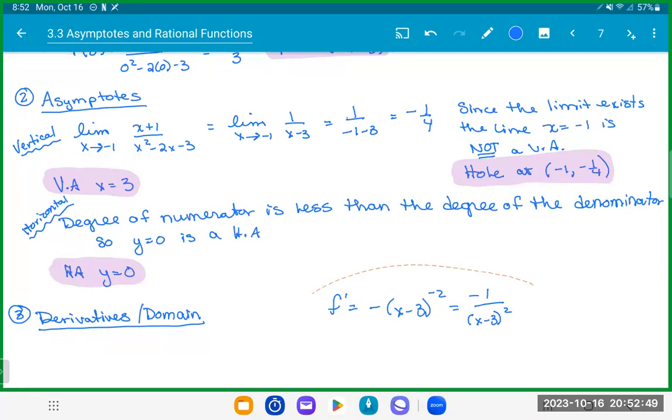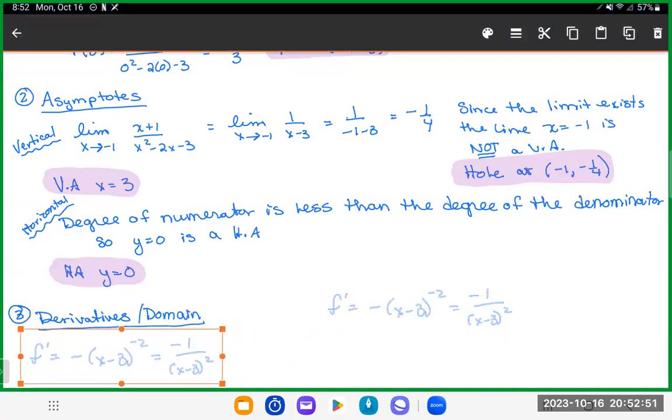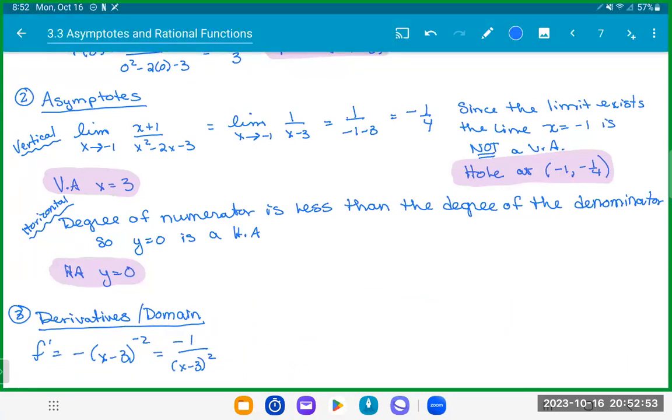Let's move that over here. That's our first derivative. Our second derivative is going to be 2 (x minus 3) to the negative 3, or 2 divided by (x minus 3) cubed.